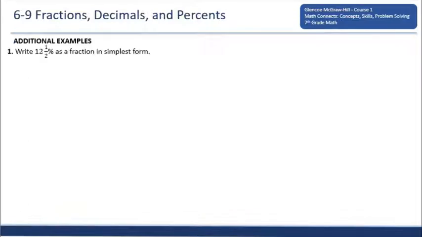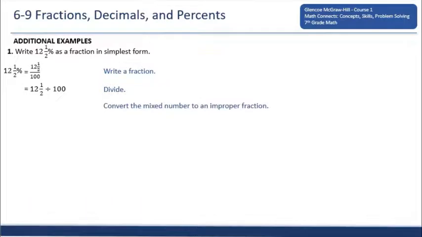Additional examples. Number 1, write 12.5% as a fraction in simplest form. 12.5%, I'm going to write it as a fraction. 12.5 over 100. We can divide 12.5 by 100. Convert the mixed number to an improper fraction.